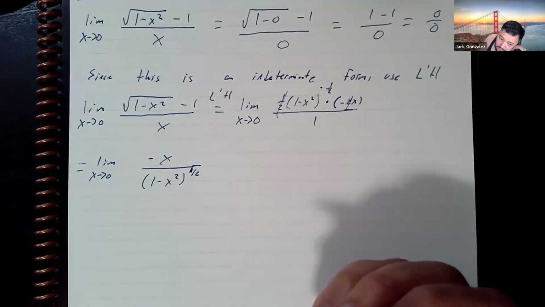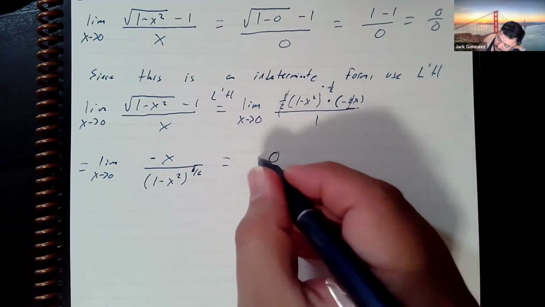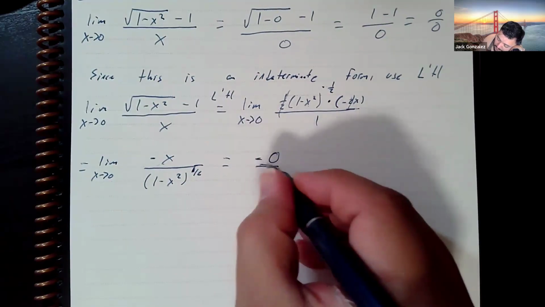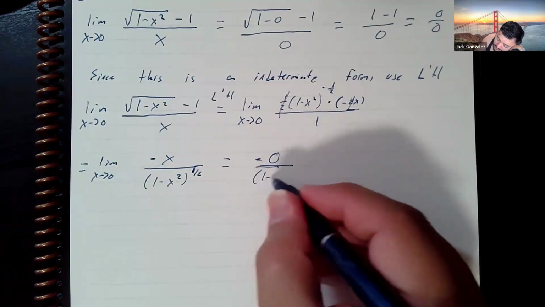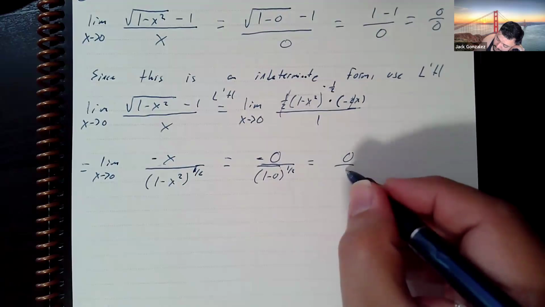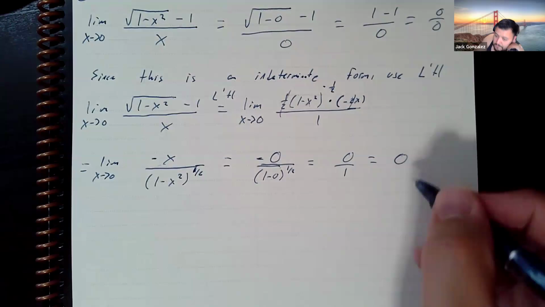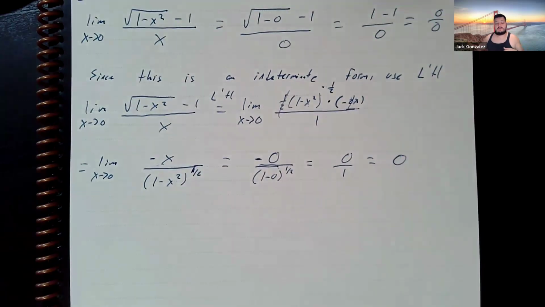So I plug in 0. I get negative 0 over 1 minus 0. So that'll be 0 over 1, which is 0. So we are allowed to plug in the limit without issue, but it's 0.